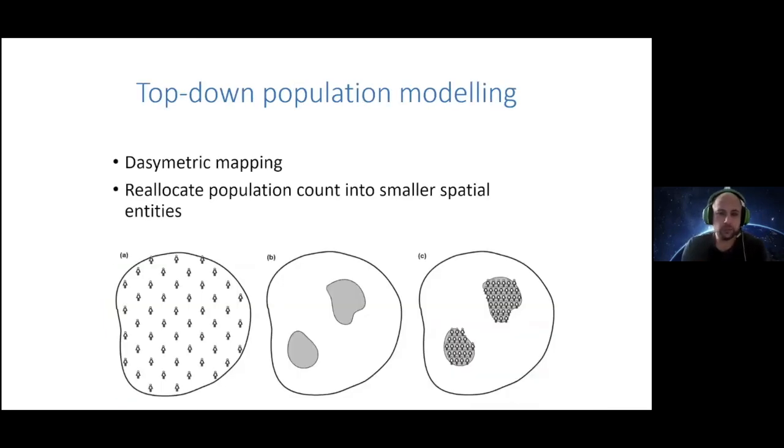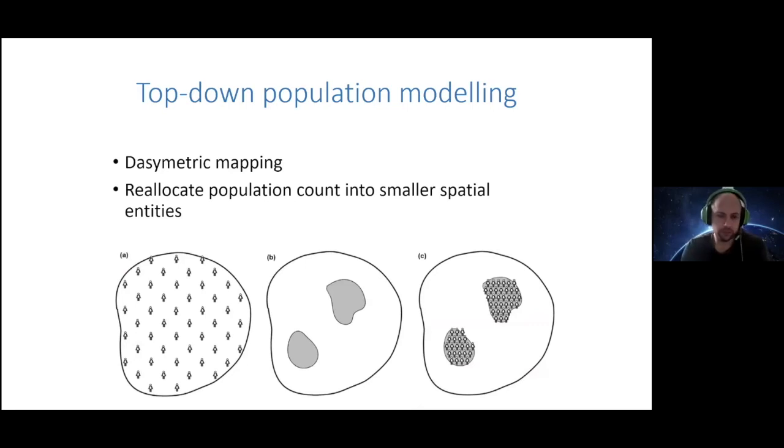So the principle is called asymmetric redistribution, asymmetric mapping. If we assume that, for example, the area on figure A, we know the population, we know the number of people there, but we want to put these people into a finer resolution, a finer spatial grid. What we do is we use ancillary features.